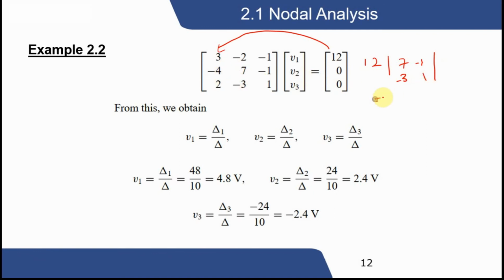So we have 12 into 7 minus plus minus 3, which becomes 12 into 4, which is 48. So delta 1 is 48. Similarly, we can calculate delta 2 and delta 3.